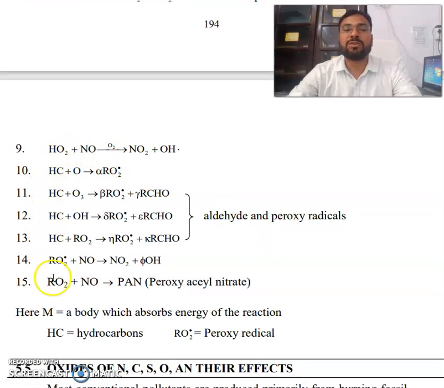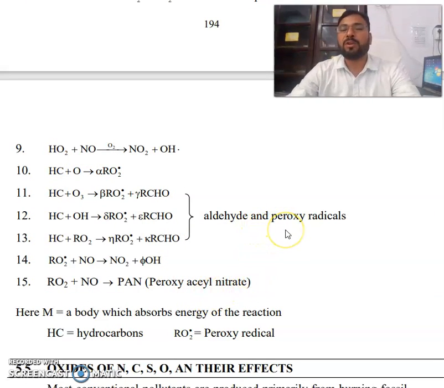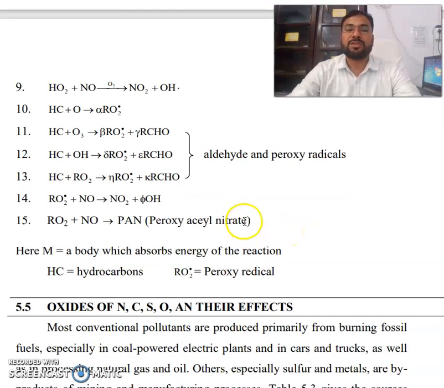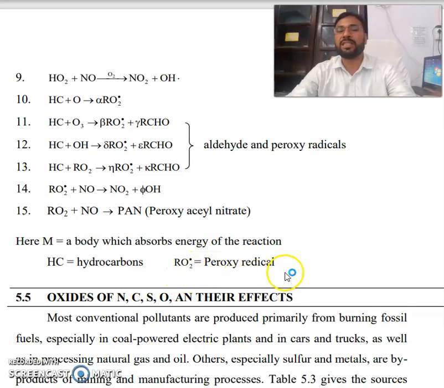Look at this, so these are all 15 reactions. Here you see peroxyacyl nitrate, aldehyde and peroxy radicals. Here M is a body which absorbs energy of reactions, RH is hydrocarbons and RO2 are peroxy radicals.